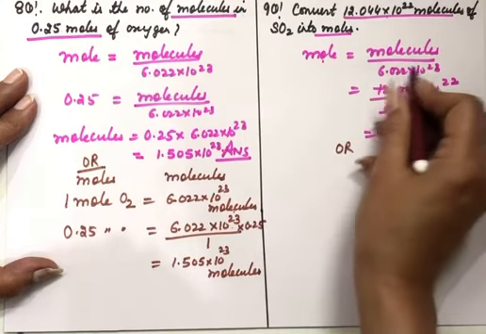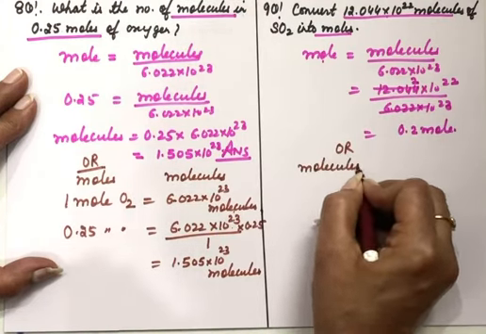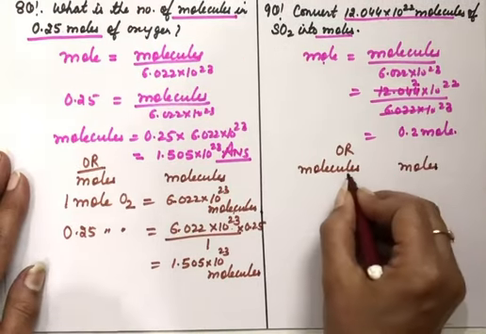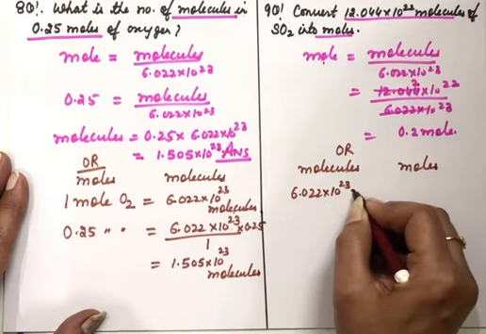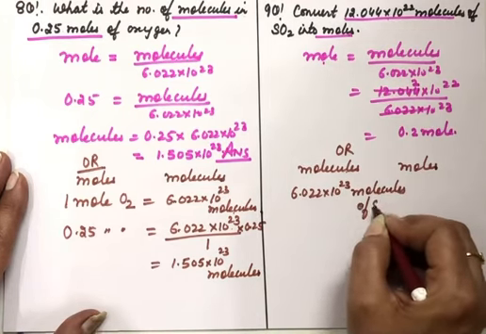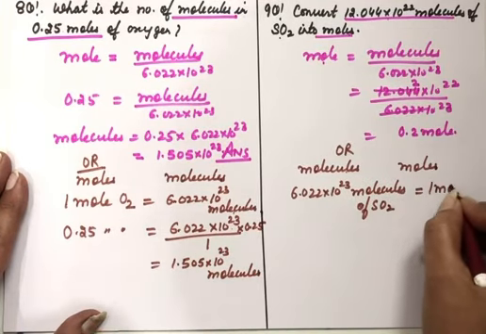Now the unitary method. Again here moles and molecules are there, but now molecules are given, so molecules will be on the left hand side, and moles we have to calculate, so moles will be on the right hand side. How many molecules are equal to how many moles? These many molecules equal 1 mole. So 6.022 into 10 raised to power 23 molecules of which compound? Of SO2, as in the question, is equal to 1 mole.